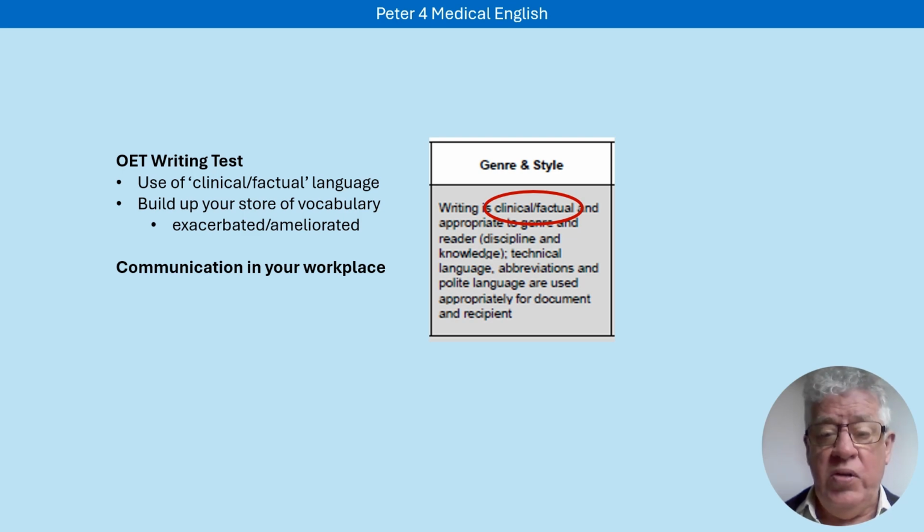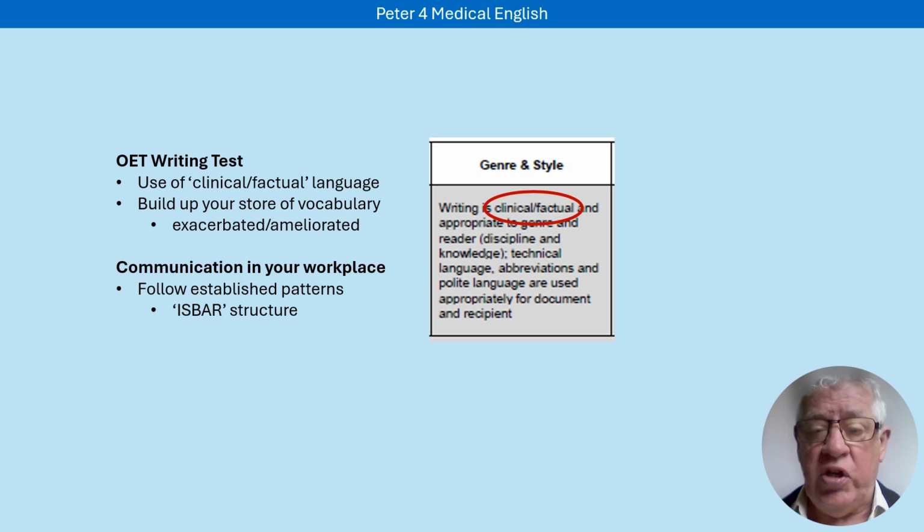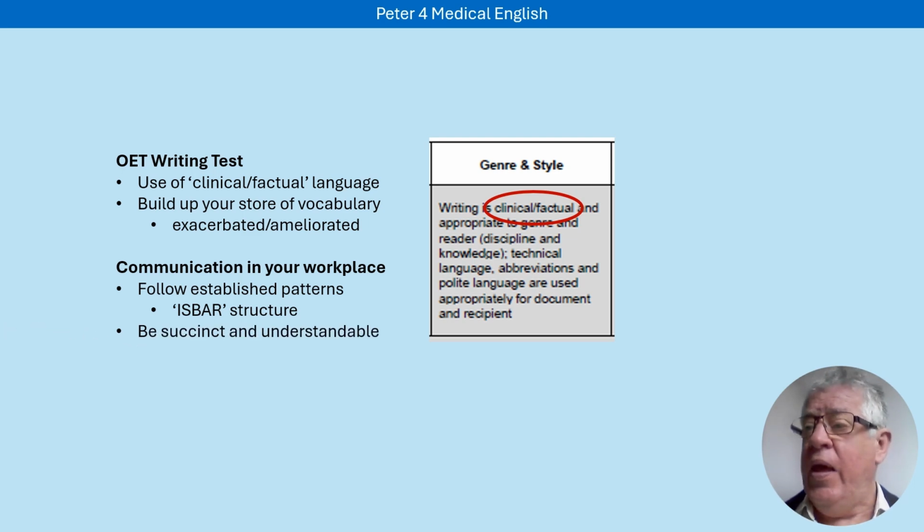In your workplace, you do need to follow established patterns, and there's this structure known as the ISBAR structure. It's referred to in some of the OET's YouTube videos, and also we'll be looking at writing structure in another video.